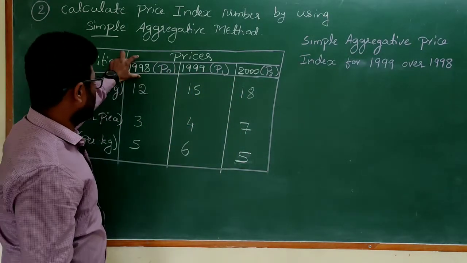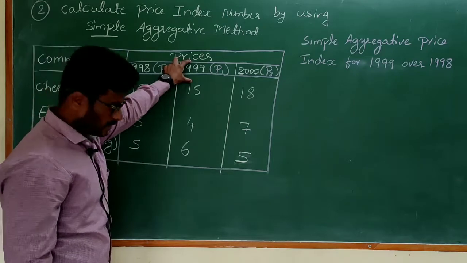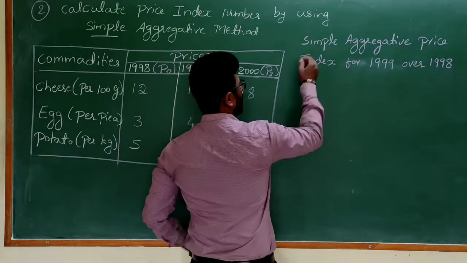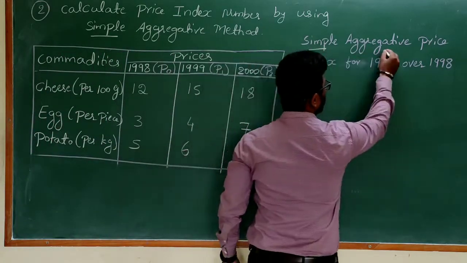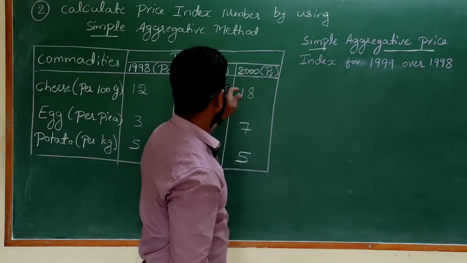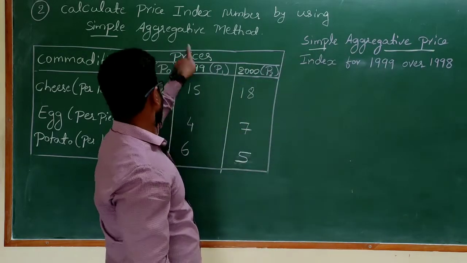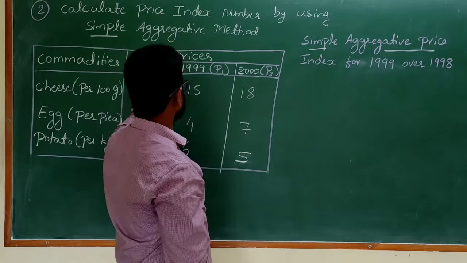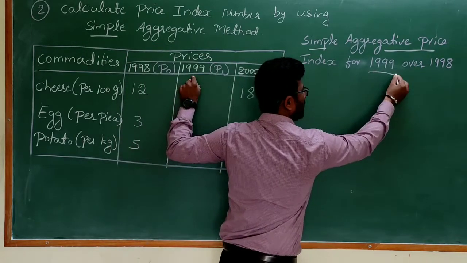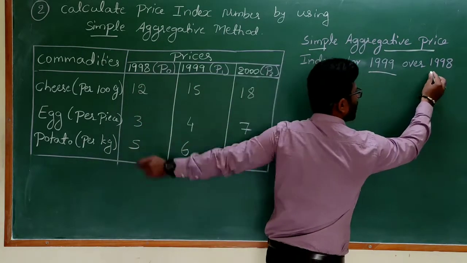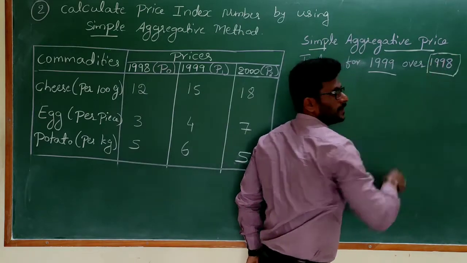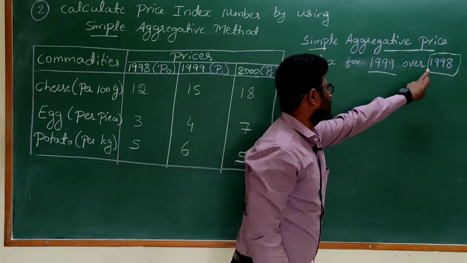First, we take the base year and the first current year. Simple aggregative price index for 1999 over 1998, means current year is 1999 and base year is 1998. This is the base year, this is the current year.